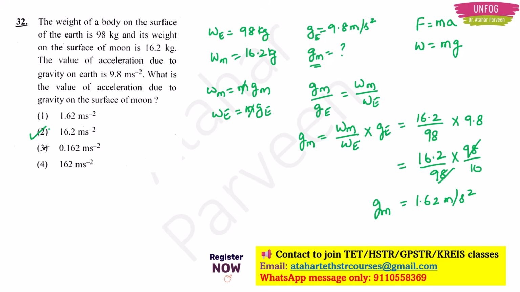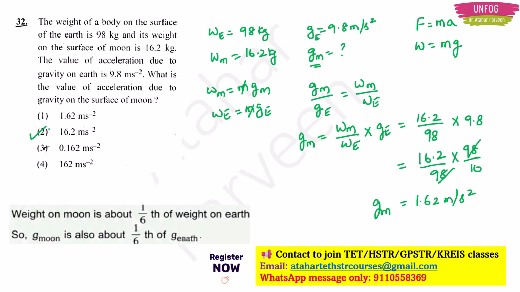Now there is another conclusion here. What is that conclusion? See, weight on the moon will be equal to 1/6 of weight on the earth, and acceleration due to gravity on moon also will be equal to 1/6 of acceleration due to gravity on earth. Why? Because see here, g_M by g_E will be approximately equal to 1/6, right?